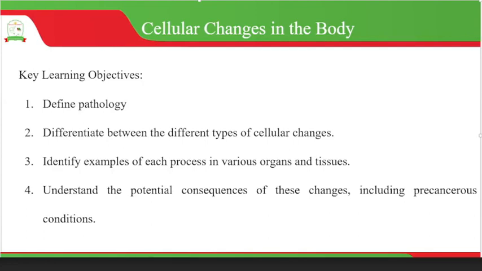We shall also be able to understand the potential consequences of these changes, including precancerous conditions. So those will be our guiding objectives for this lecture, and I welcome everyone to pay attention as we move on.